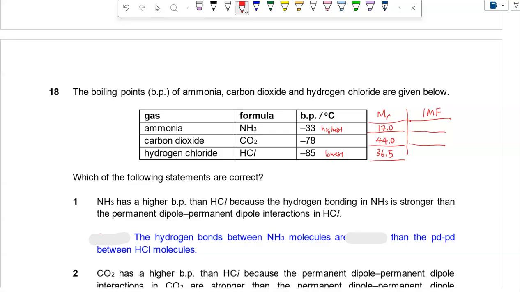So in this case, the size of electron cloud is not the main reason to explain for the trend in boiling point. So it's worthwhile to consider the IMF. Ammonia, because you have H directly bonded to N, which is an electronegative element. Right? So you do have lone pair on N, and therefore you can have hydrogen bond for ammonia.